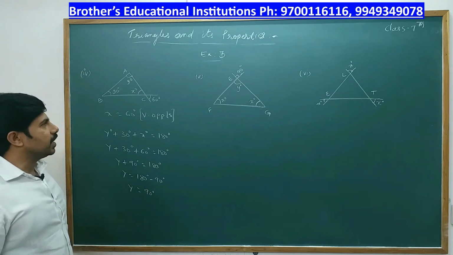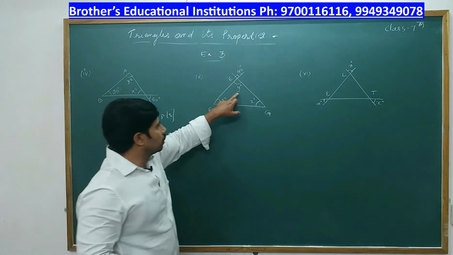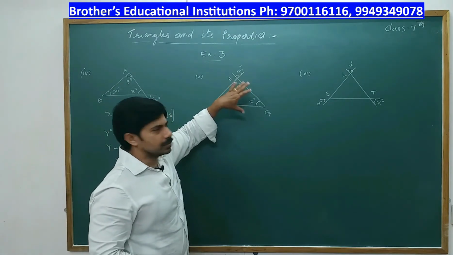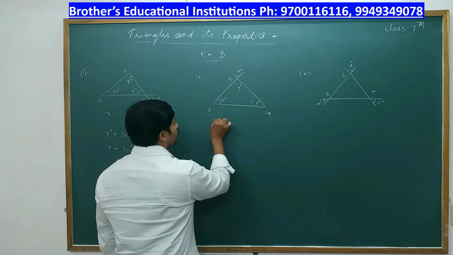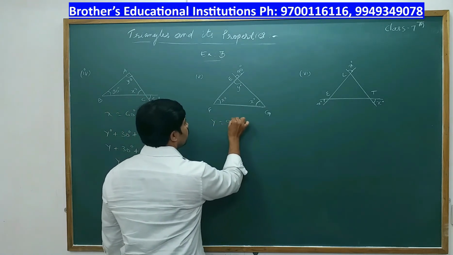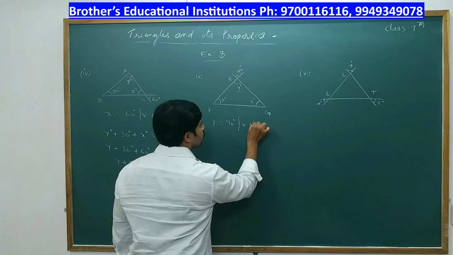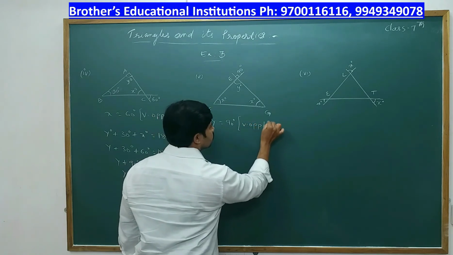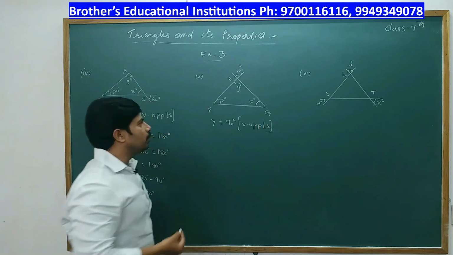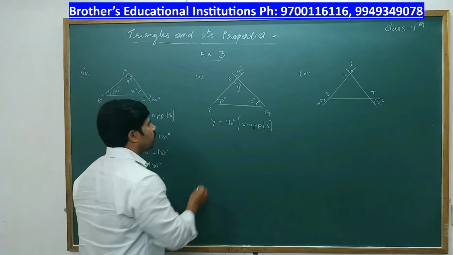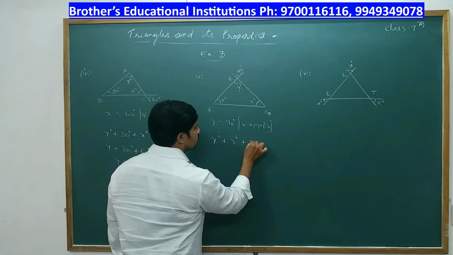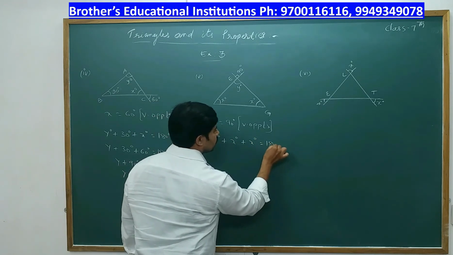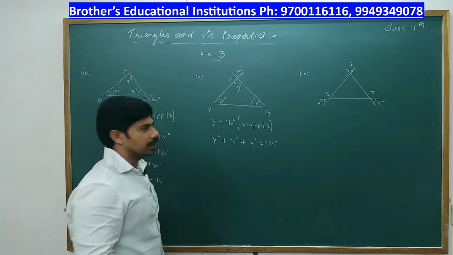In the next case, interior and exterior, they are clearly vertically opposite angles. So we write y is equal to 90 degrees. The reason is vertically opposite angles. Now after getting y, I'll use the angle sum property: y degrees plus x degrees plus x degrees is equal to 180 degrees. Now what is y?